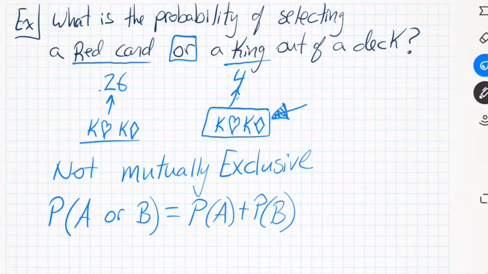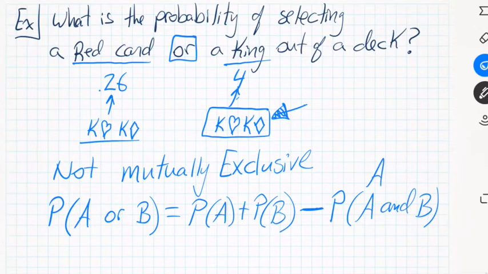And then we have to get rid of the overlap. The first one already has the King of Hearts and the King of Diamonds. The second one also has it, but we want to get rid of it. So the way we're going to write that is we're going to subtract the probability of A and B. We can also write this as A intersect B, their overlap.